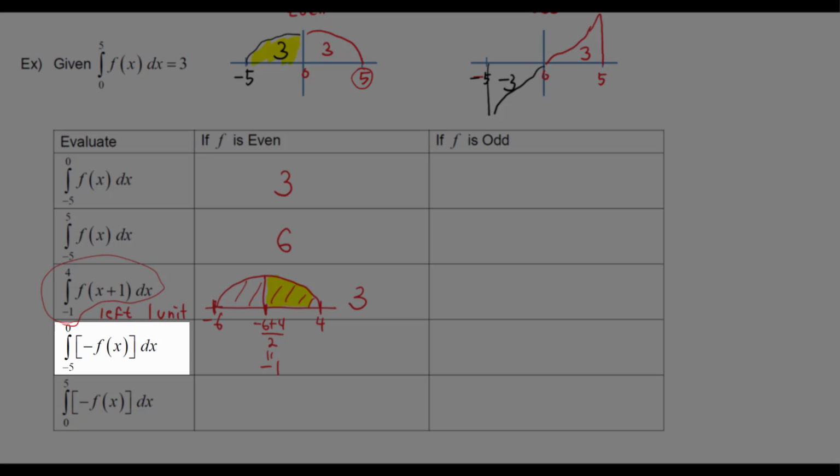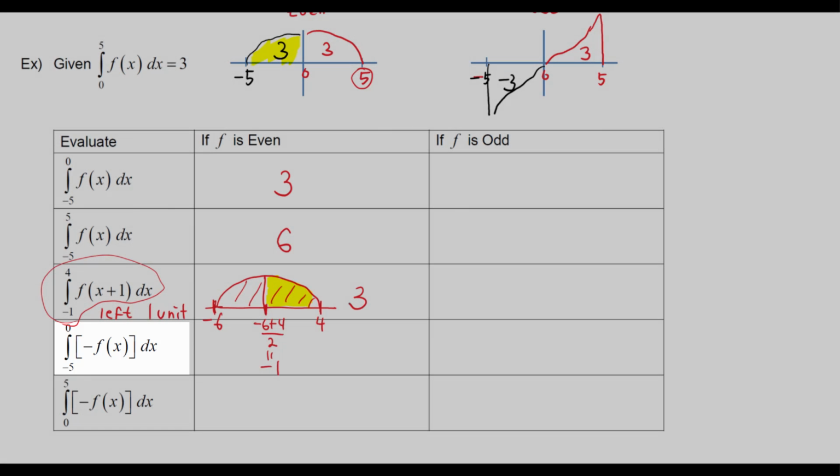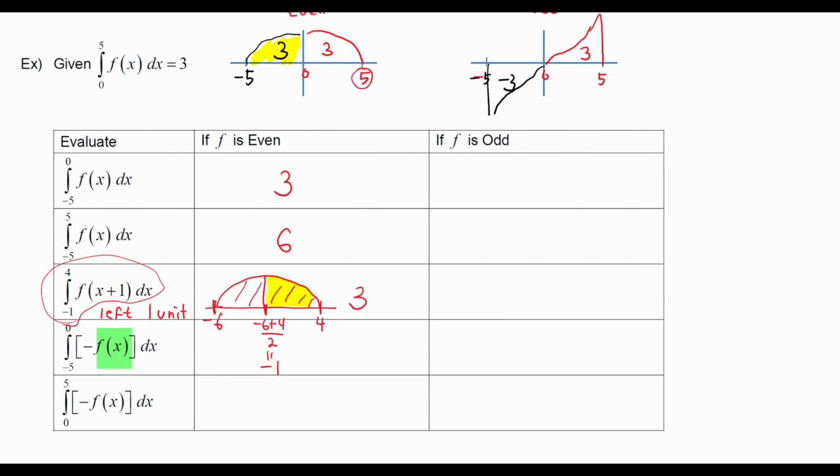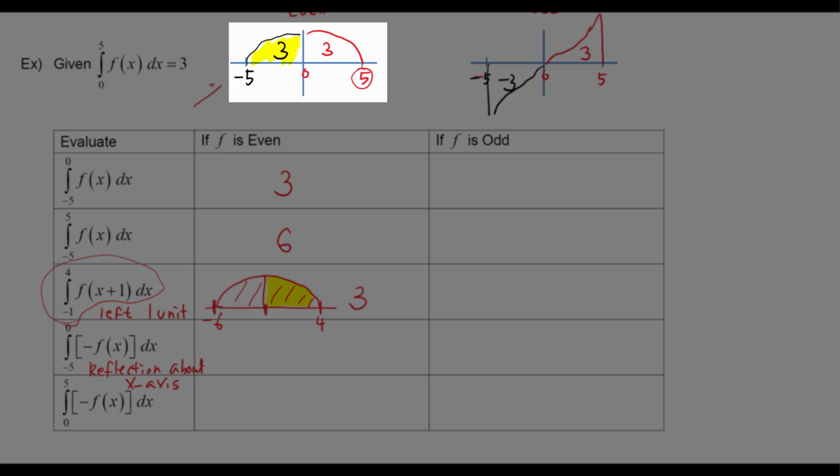And now they said, what is the integral from negative 5 to 0 of negative f(x) dx? Well, when you multiply your f(x) by negative 1, this is a reflection about the x-axis. So now the original graph looks like that, and you want to reflect that about the x-axis.